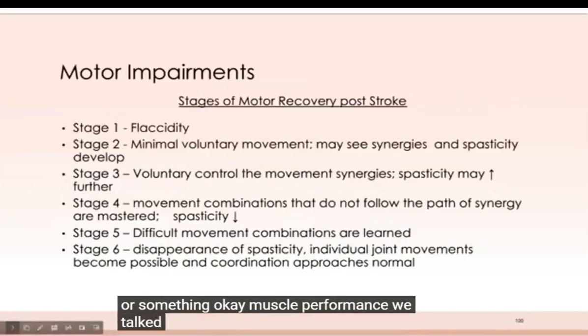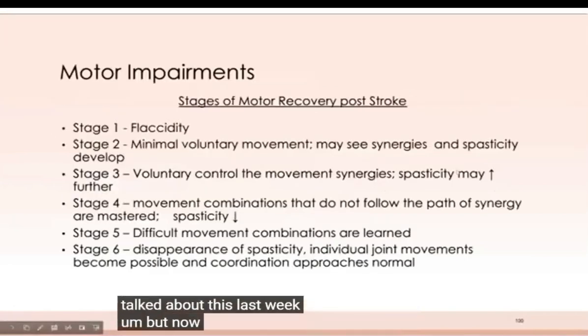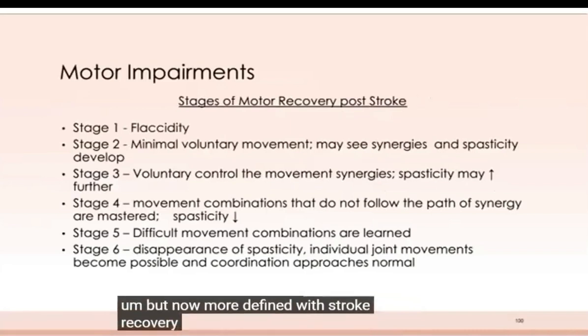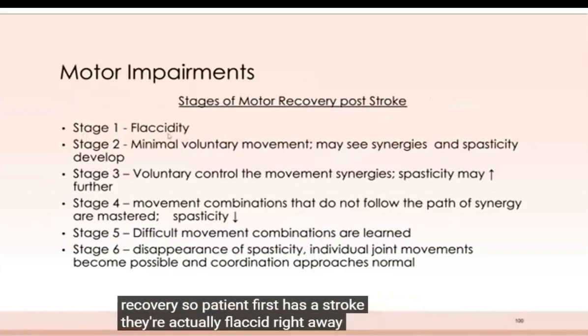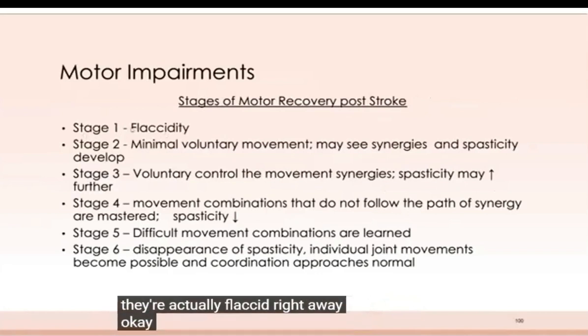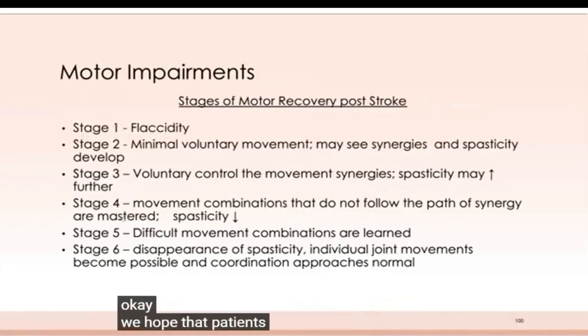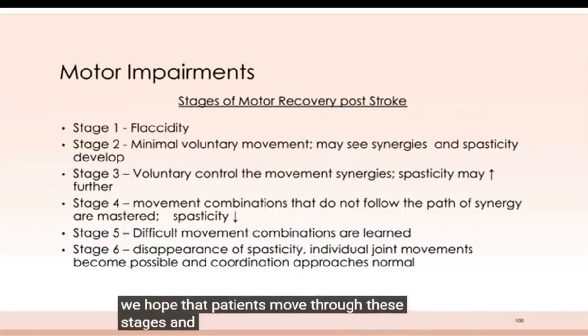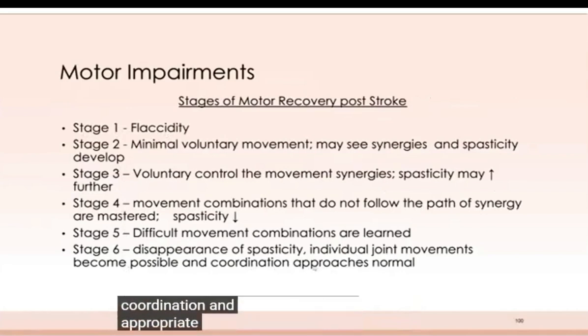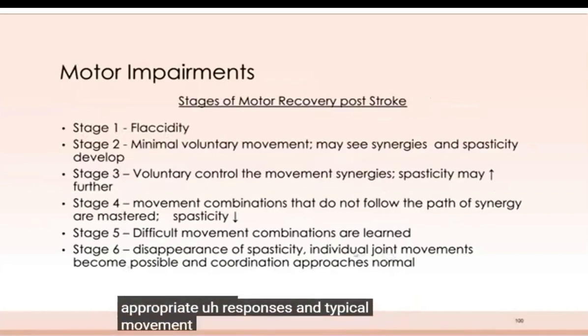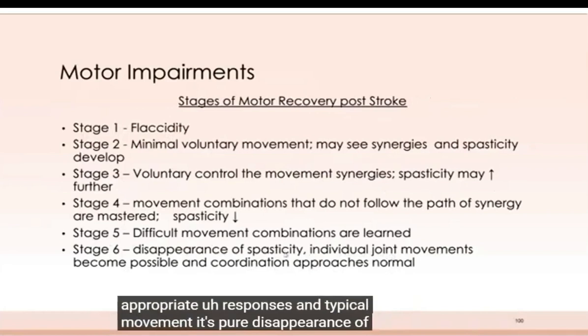Okay, muscle performance. We talked about this last week, but now more defined with stroke recovery. So when a patient first has a stroke, they're actually flaccid right away. We hope that patients move through these stages and get back to their typical coordination and appropriate responses and typical movement, with disappearance of spasticity.